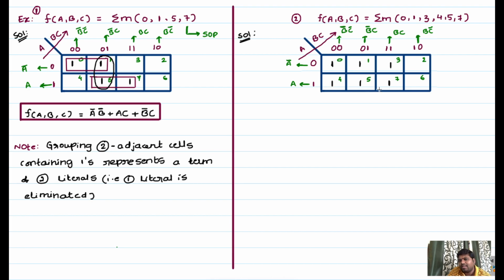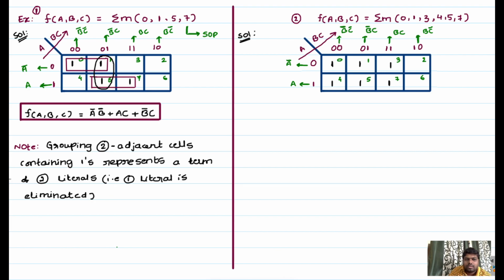By looking at this K-map, what are the possible groupings we can expect here? This 0, 1, 4, 5 has one quad, right? So by joining these four square boxes we will form one quad.